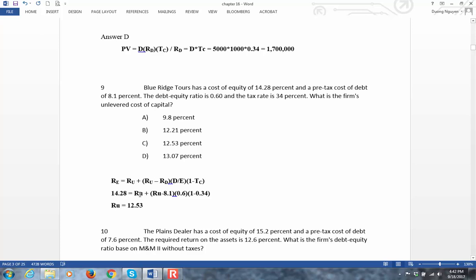R_U, which is what we are looking for, R_U minus 8.1, the cost of debt right here, 8.1%. Debt equity ratio 0.6, 1 minus 0.34. So you solve the equation right here, and you get the unlevered cost of capital is 12.53%.